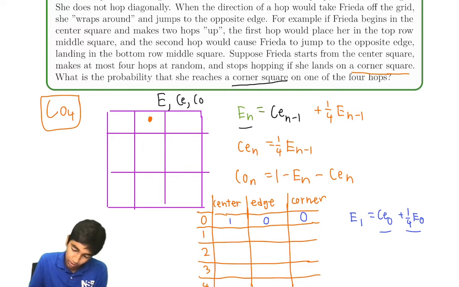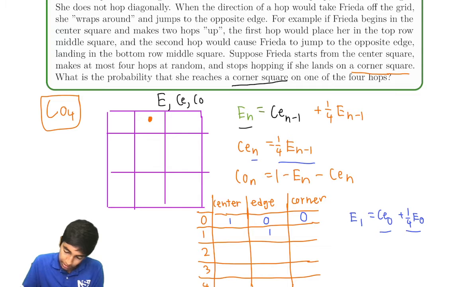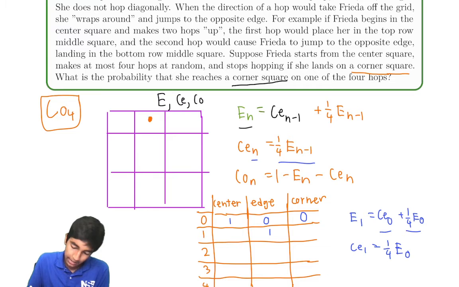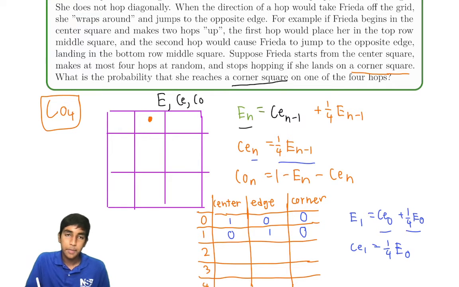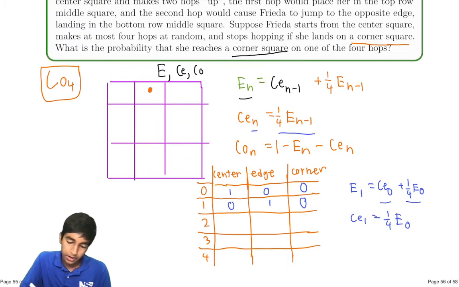So now it's 1 here. And CE of 1 is equal to 1/4 E of 0, and the probability of being at an edge in the beginning is 0. And the corner will also be 0 because it's 1 minus the sum of the other 2. Now you can kind of see where we're going from here.